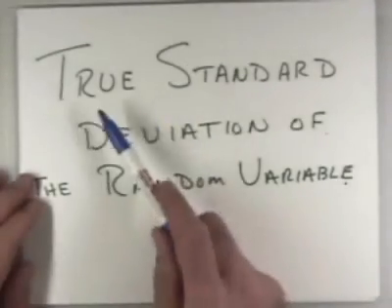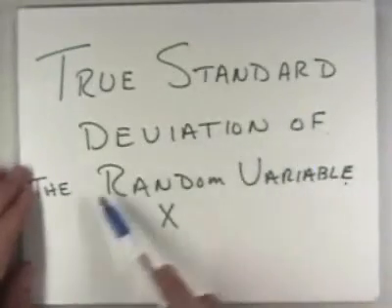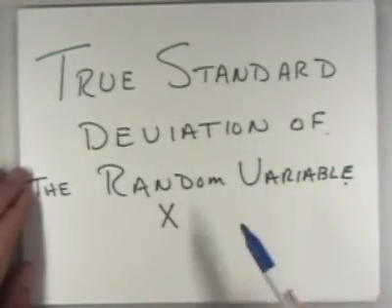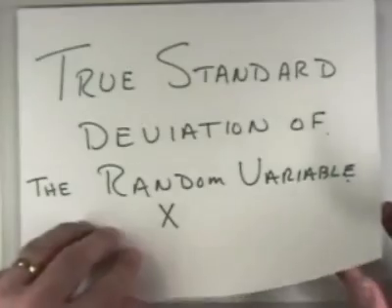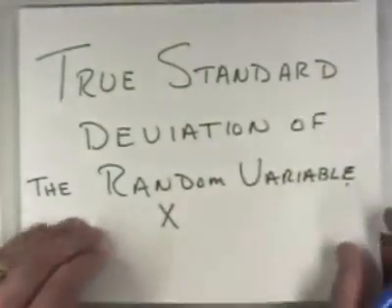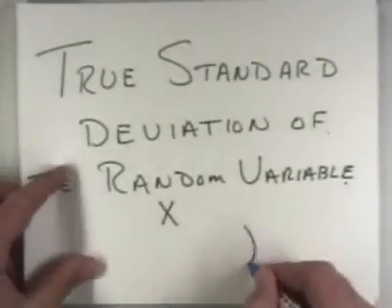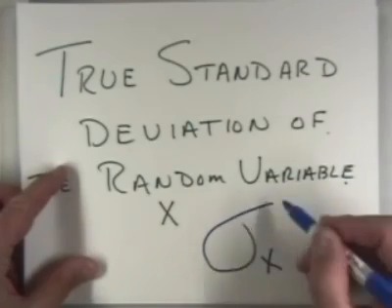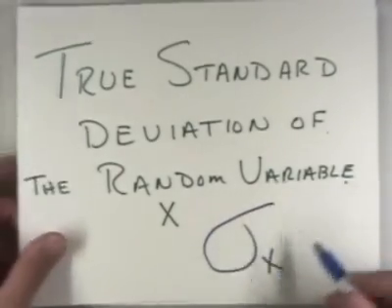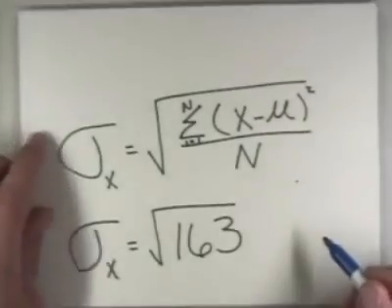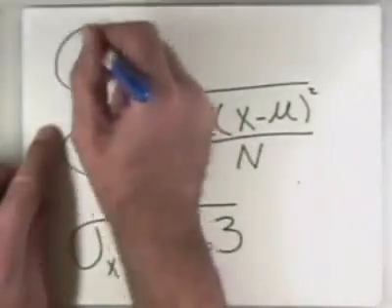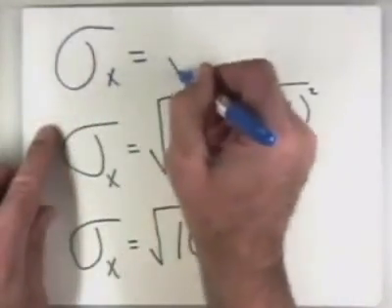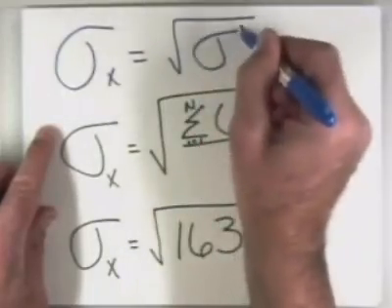So they came up with what was called the true standard deviation of the random variable x, the true standard deviation. And they gave this a symbol, and that is sigma of x. Now notice sigma of x doesn't have the square on it. And so what they did is they took the standard deviation as the square root of the variance.